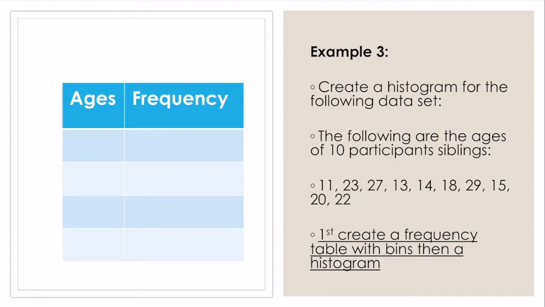We should probably break it down a little smaller, so I'm going to do 5s: 10 to 14, 15 to 19, 20 to 24, and 25 to 29. So I have 3 participants between 10 and 14, 2 participants between 15 and 19, 3 participants between 20 and 24, and 2 participants between 25 and 29.